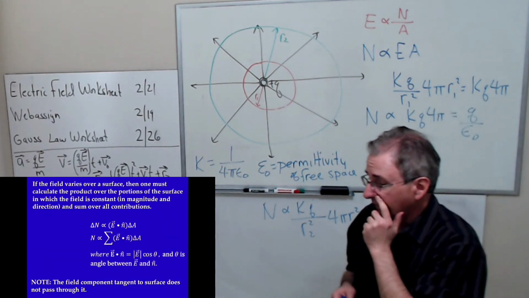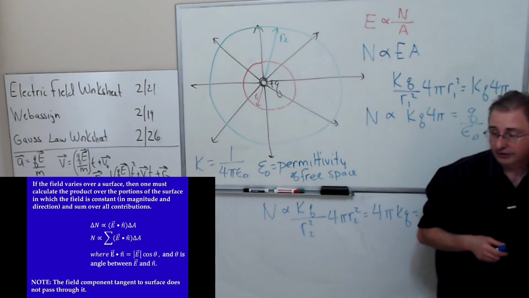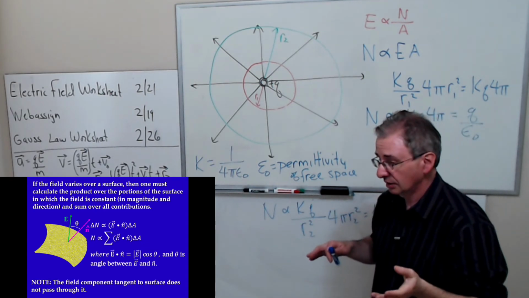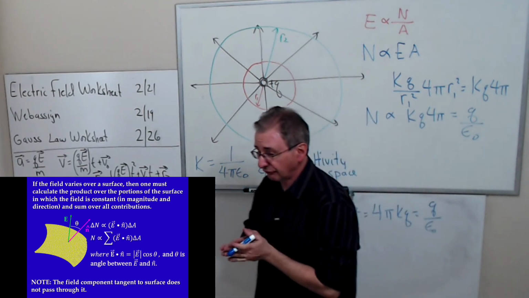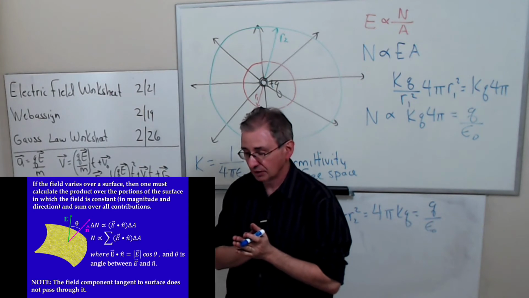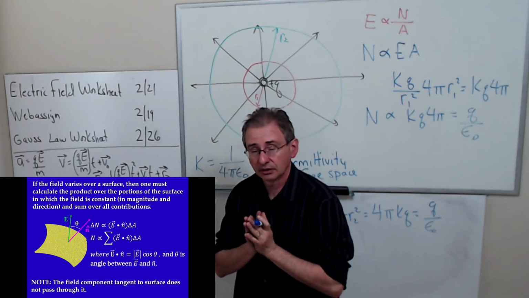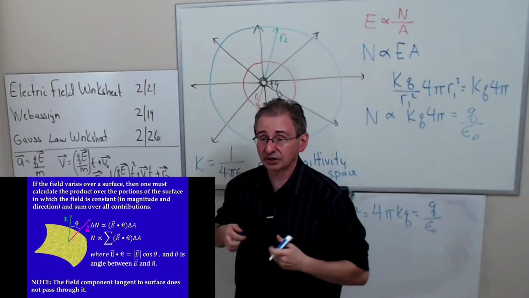Okay, so if I have an electric field that varies across the surface, then I have a problem. I have to break up the surface into pieces that are small enough such that the electric field is constant over that surface.